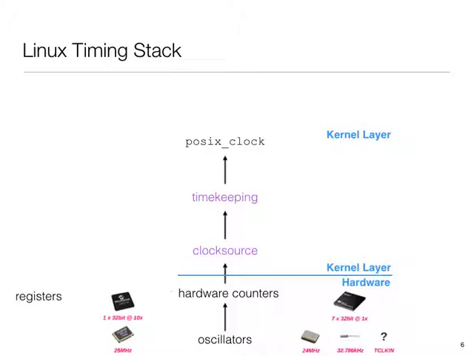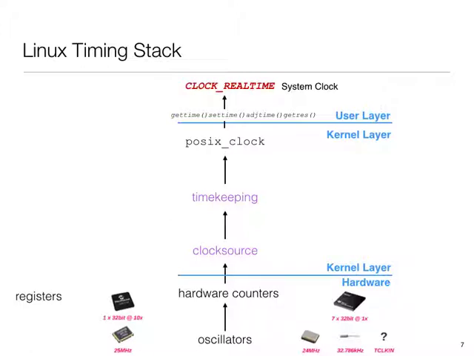And then it uses some kind of timekeeping functions, and I'm not going to go into details of these. And then it uses the POSIX clock interface, which is a very standard Linux interface, and it is actually responsible to expose a virtual clock to the user space application.